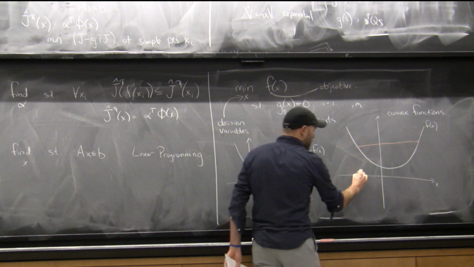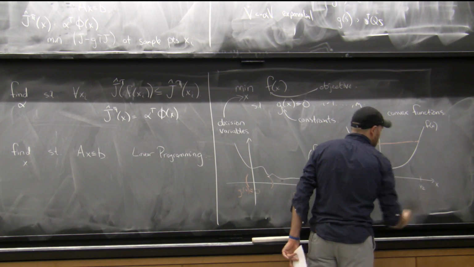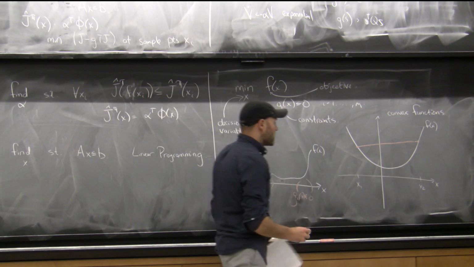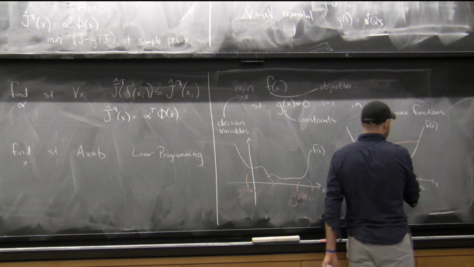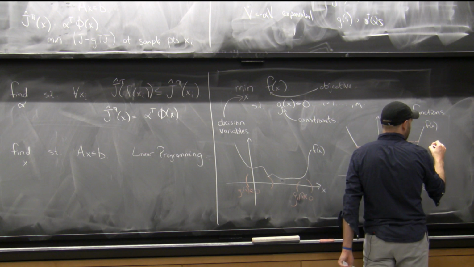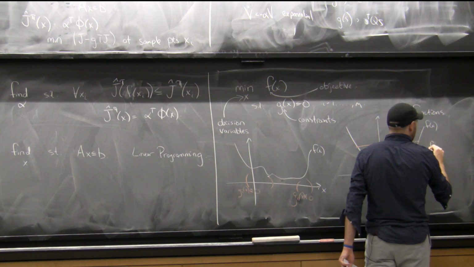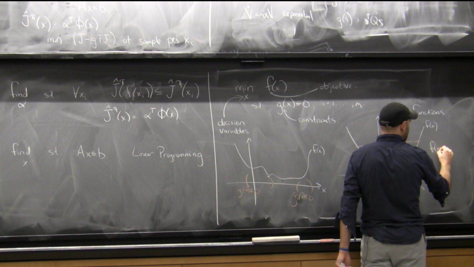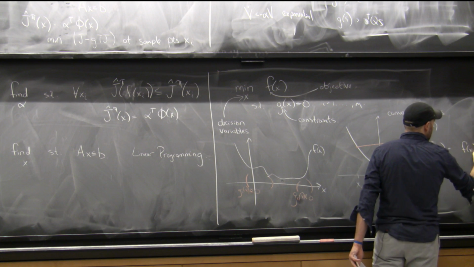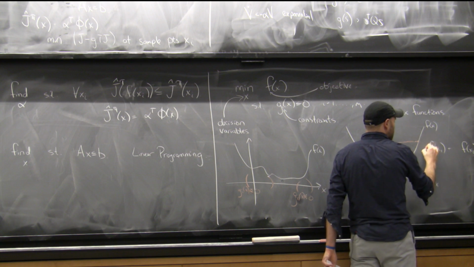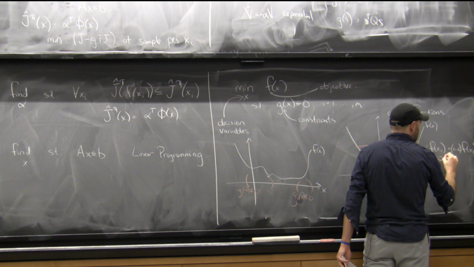So if I take x1 and x2, then this line segment, this is f of x1 plus f of x2, but I'm going to take a linear combination, alpha of this, 1 minus alpha of this.